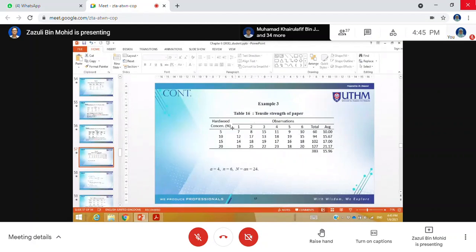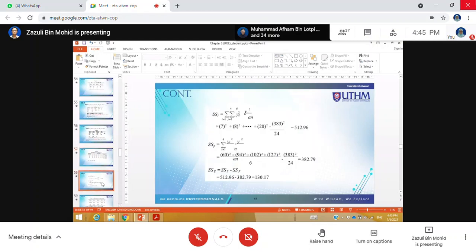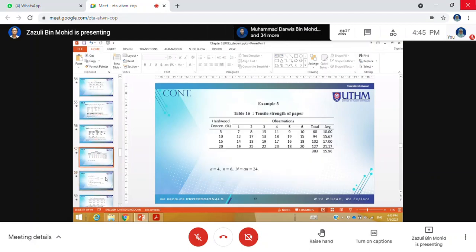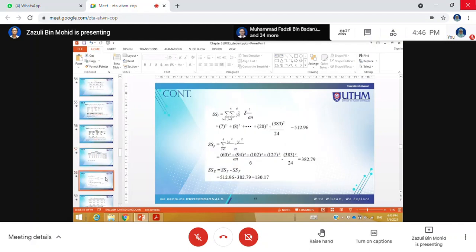So in total, we have 4 times 6 responses, which is 24 responses. So you can accumulate it. We have this value, we have the average, and you can use this example 3 here to do the analysis using the ANOVA.